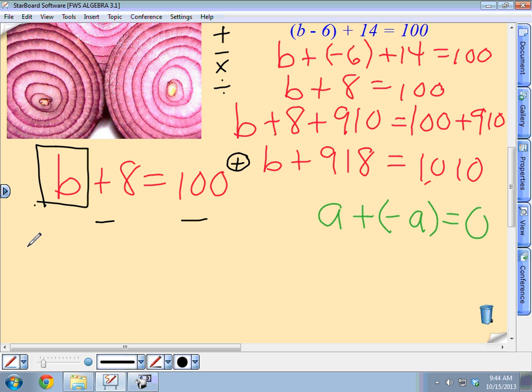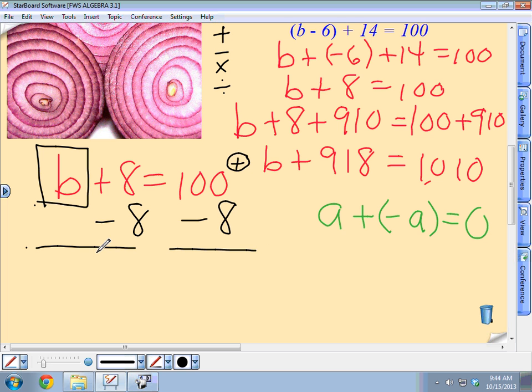Okay? So what number would I want to subtract from this side that would give me a 0? So I have an 8. What would I have to subtract to give me a 0? 8 minus what is 0? 8. Good. So that's why I'll subtract an 8 from both sides, because 8 plus negative 8 is 0.